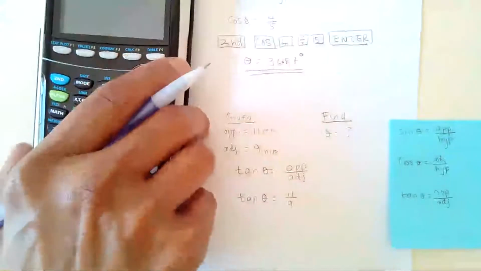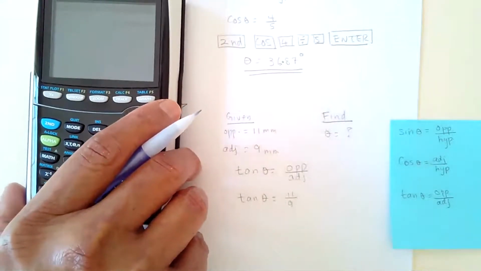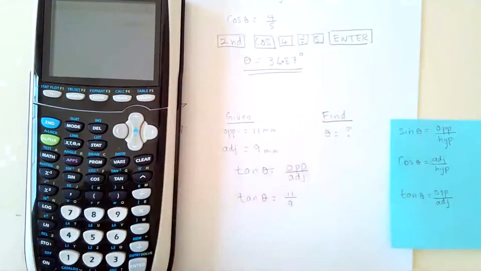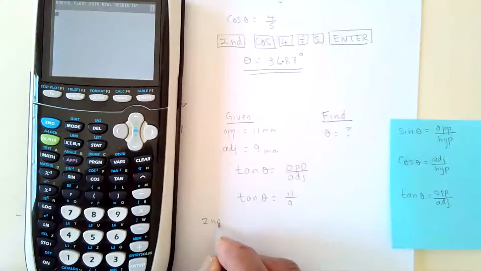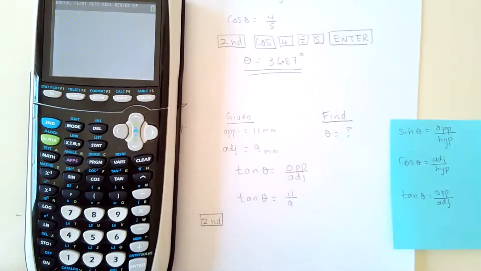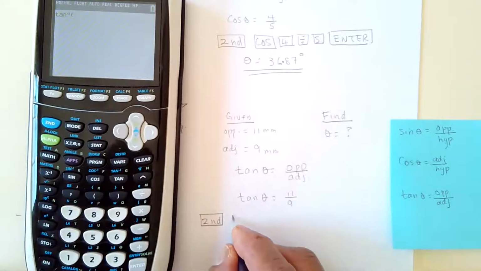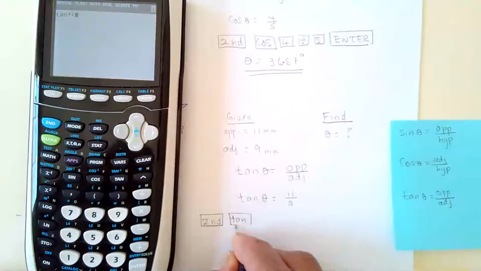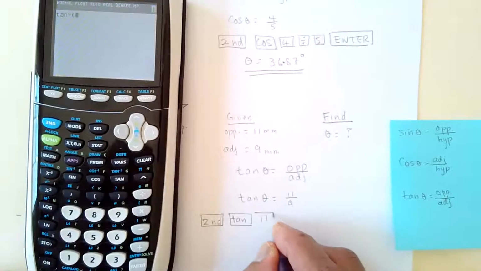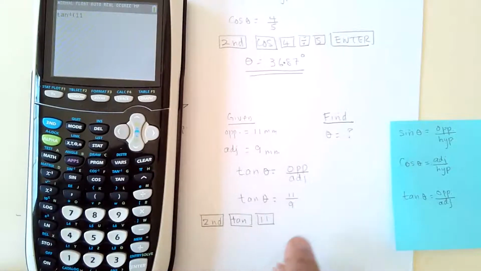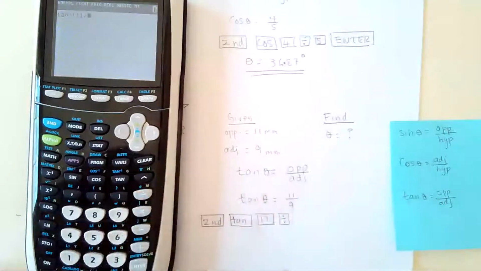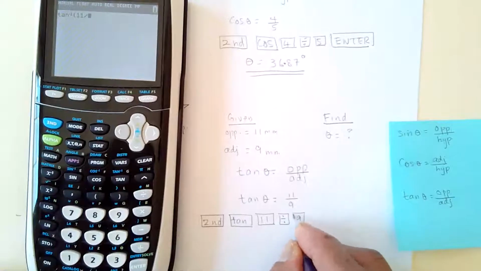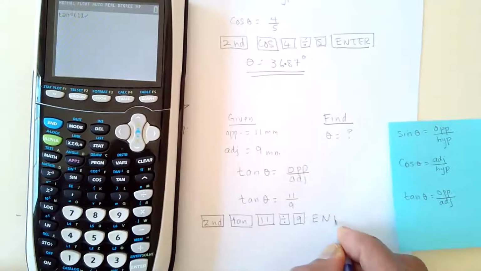Now I go to my calculator again. So second, because I'm finding the angle, second tangent 11 divided by 9. Then enter.